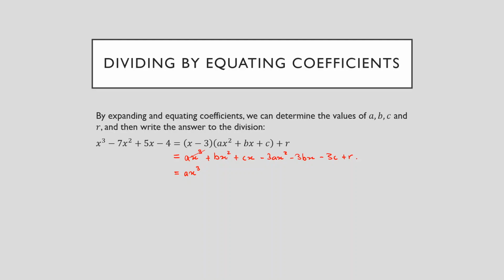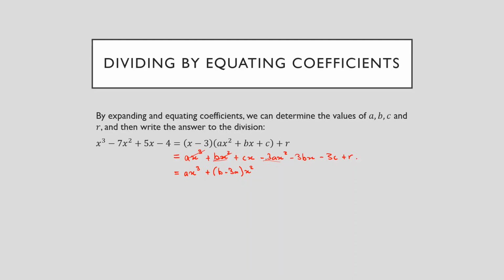The bx squared can be paired with the minus 3ax squared. Then I can factor out the x squared, and that leaves me with b minus 3a. So I can write my next term as, in brackets, b minus 3a times x squared. If I expand that out again, I'll get these two terms back.